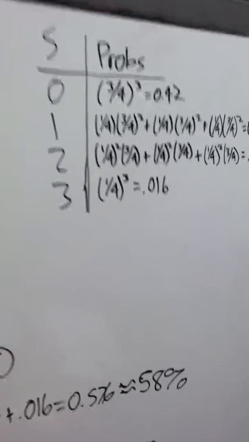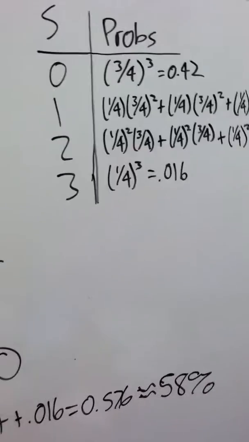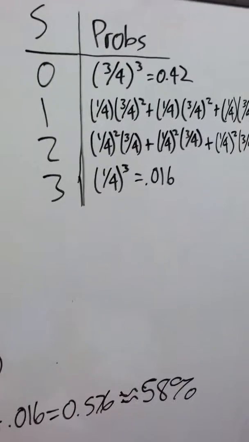And to find the probability of the third one, we need to cube 1/4 to get 0.016.